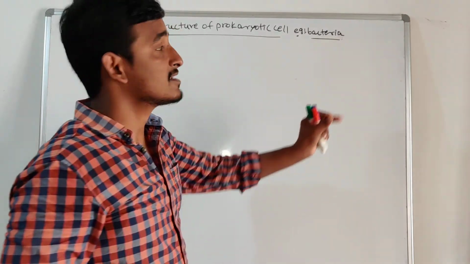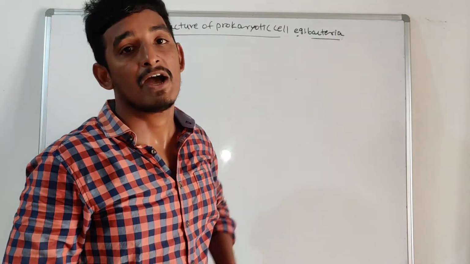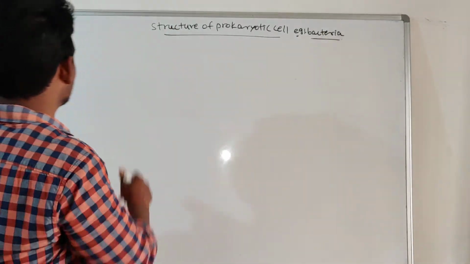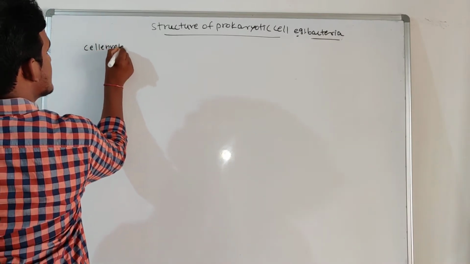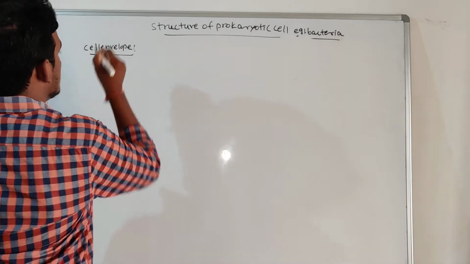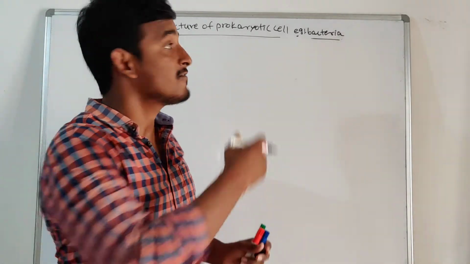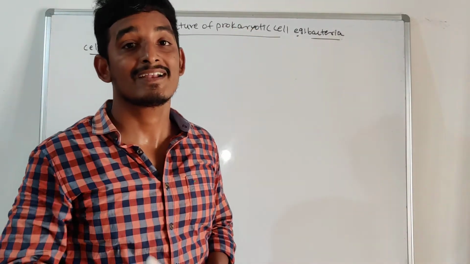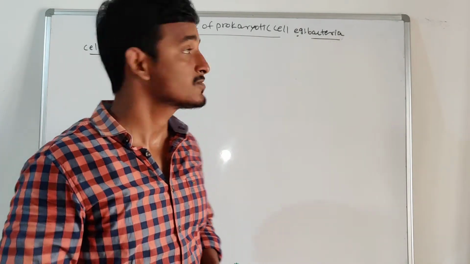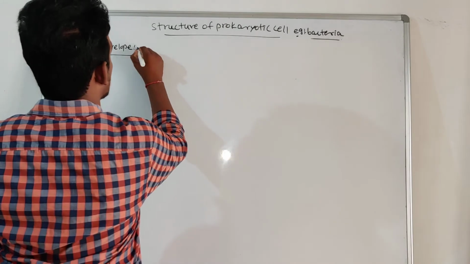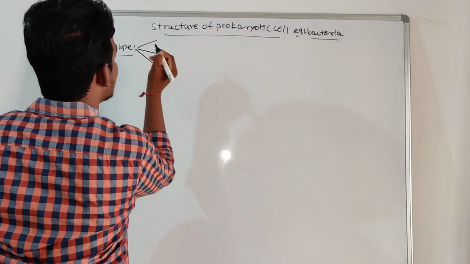Now we are going to discuss the structure of a bacterium, starting with the cell envelope. The cell envelope of a bacterial cell is more complex than that of eukaryotic cells. It mainly has three layers.